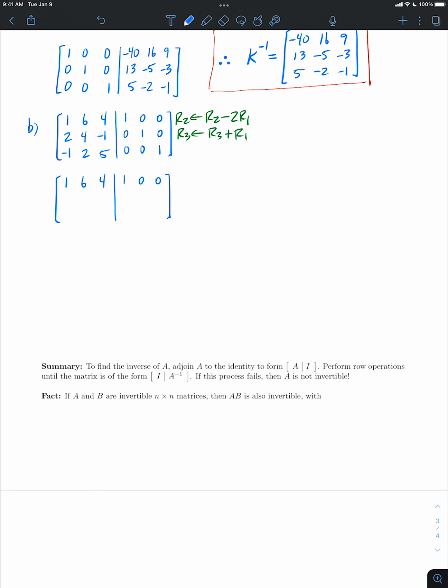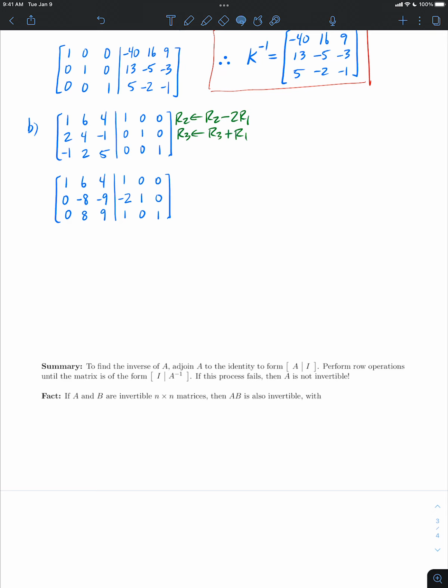We're going to subtract row 1 twice, so we'll have a 0. 4 minus 12 will be negative 8. Negative 1 minus 8, that'll give us negative 9, right? And then we'll have negative 2, 1, and 0 over here. And then for row 3, we add row 1 once, so we'll have 0, then we'll have 8, then we'll have 9, then 1, 0, and 1.